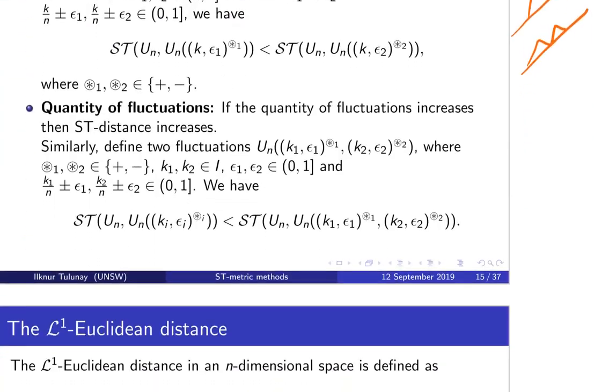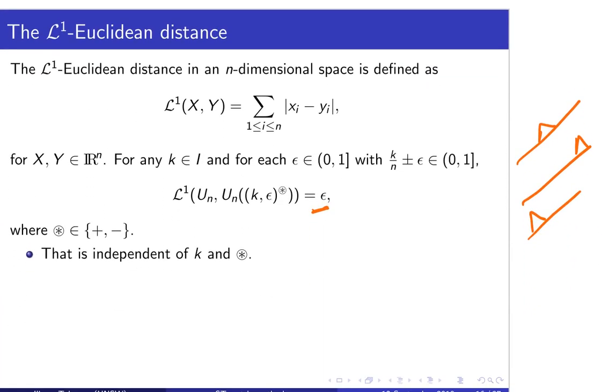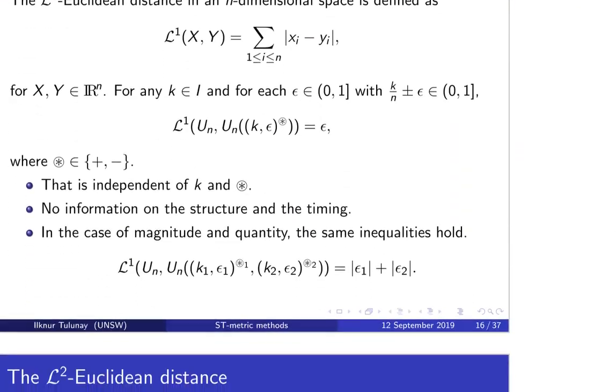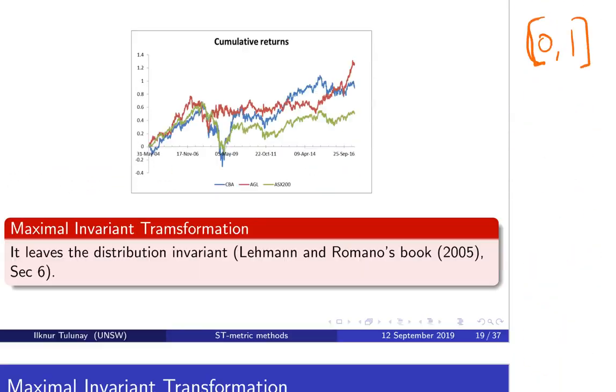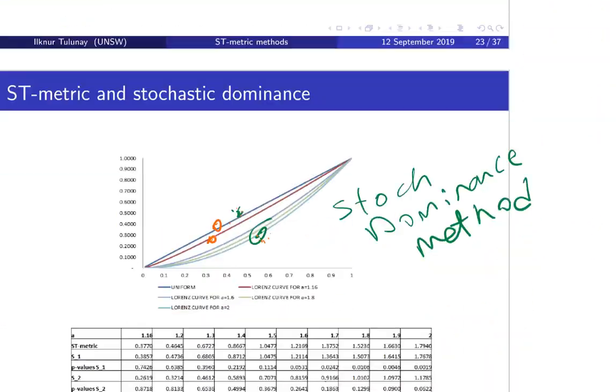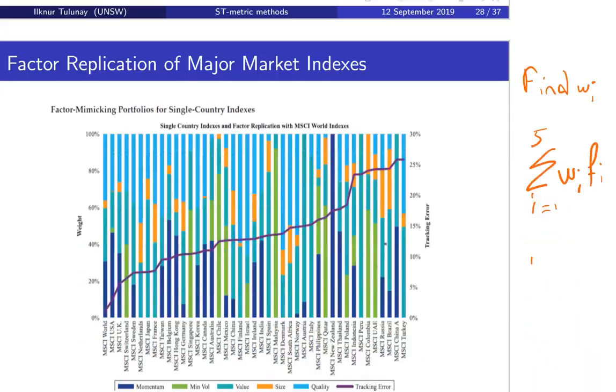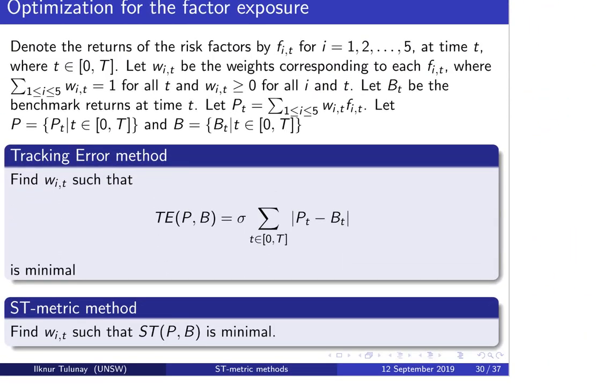And also we've seen here that the L1 distance will not make a difference. Even AMG and his group used sigma to normalize, to make a better estimation.